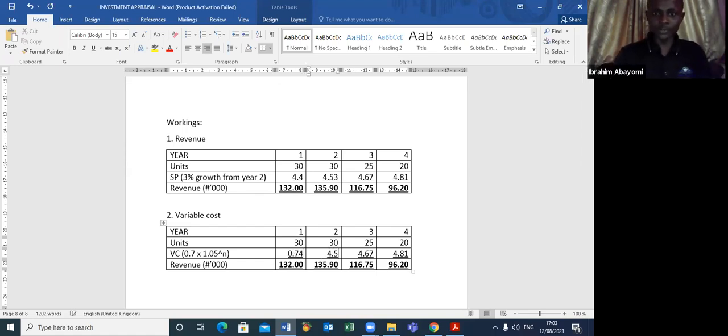For the second year, I will have 1.05 raised to power of 2 times 0.7, and that will give me 0.77. In the third year, I will have 1.05 raised to power of 3 times 0.7, and that is giving me 0.81.